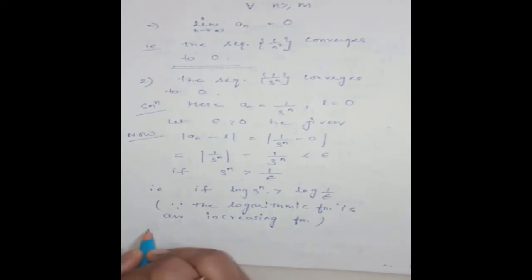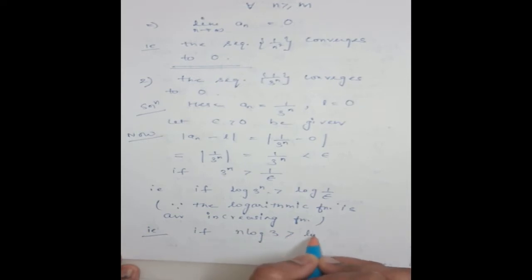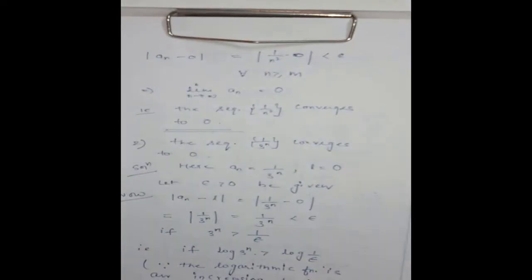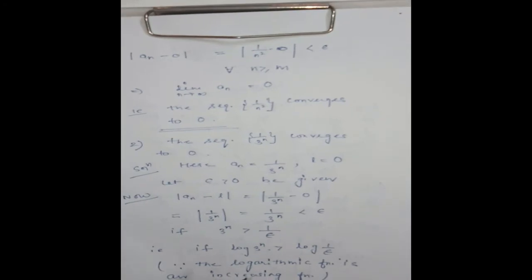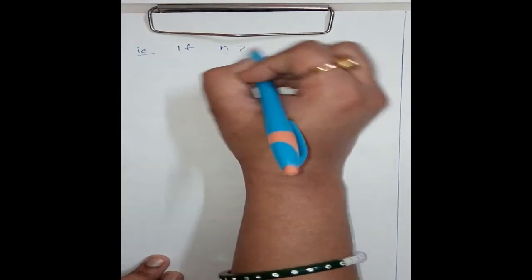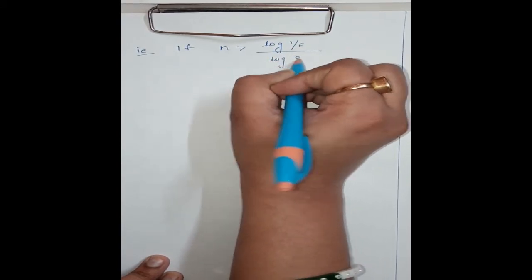Now this will imply that if n log 3 is greater than log 1/epsilon, this will give us that if n is greater than log(1/epsilon) divided by log 3.